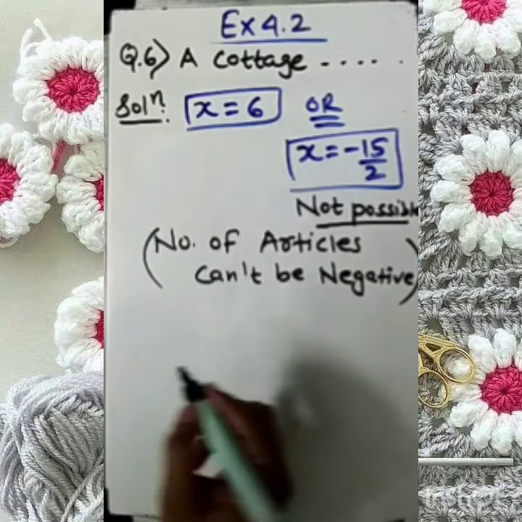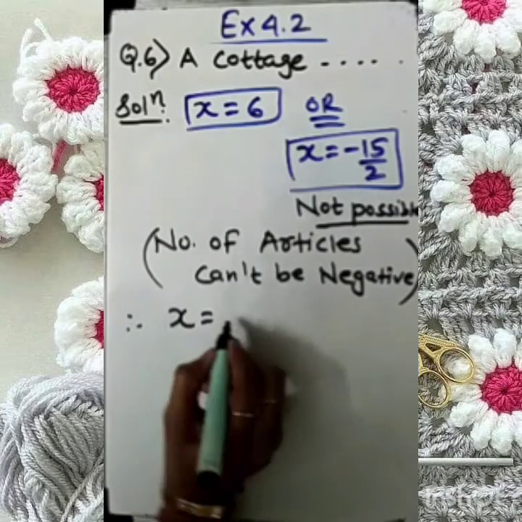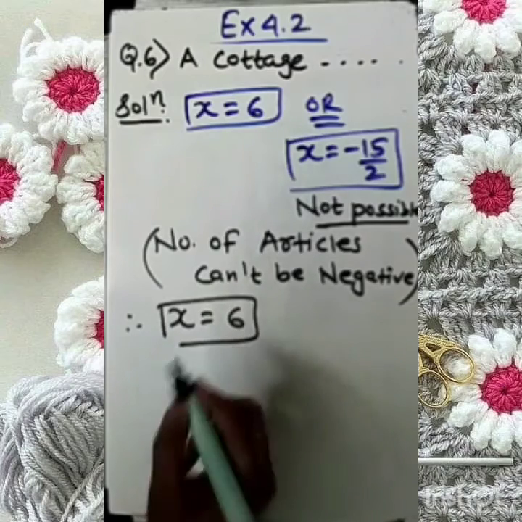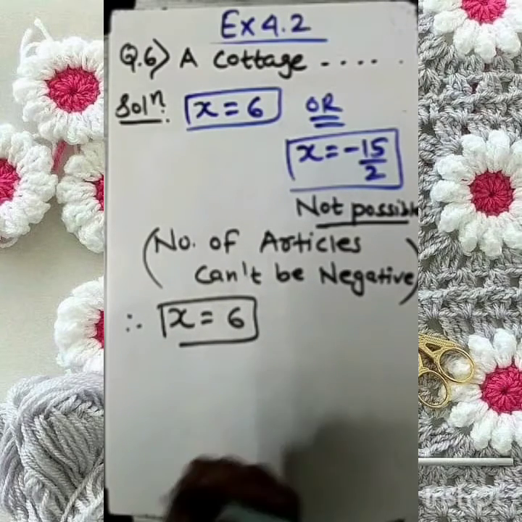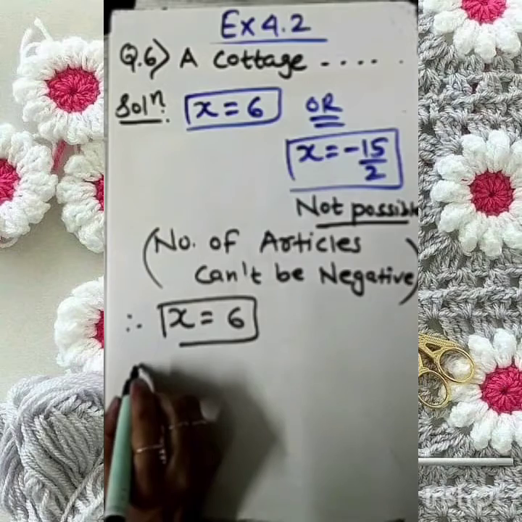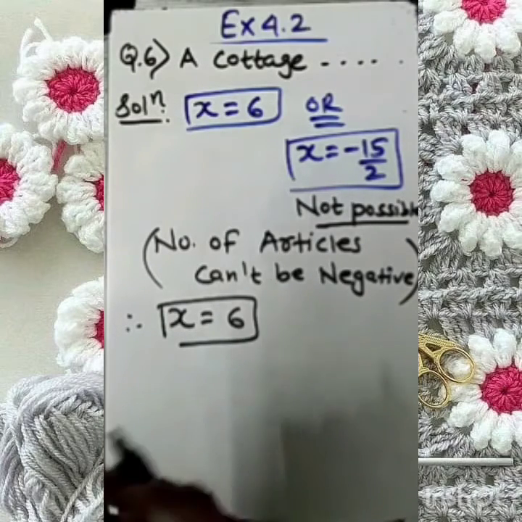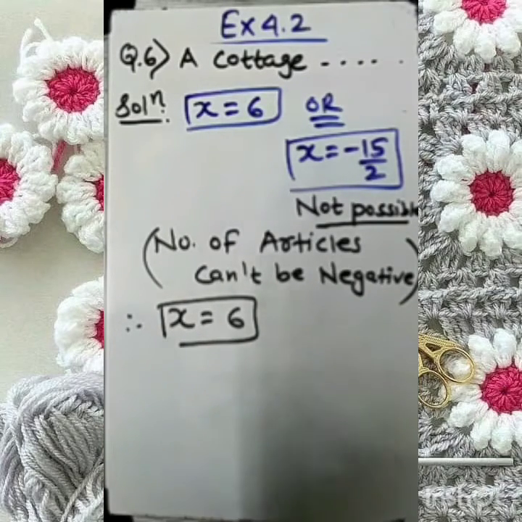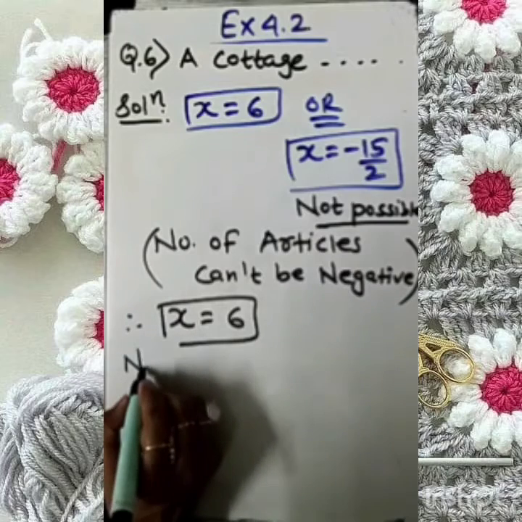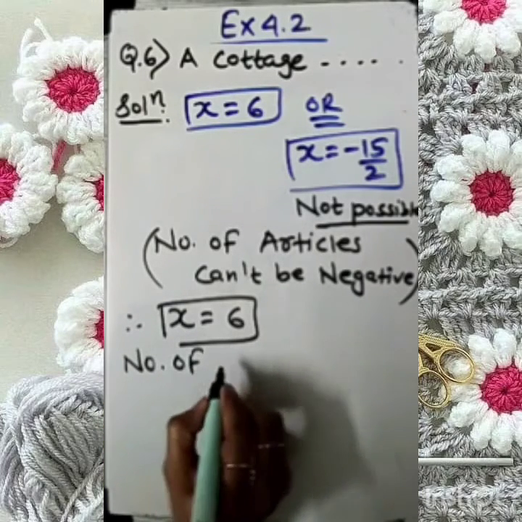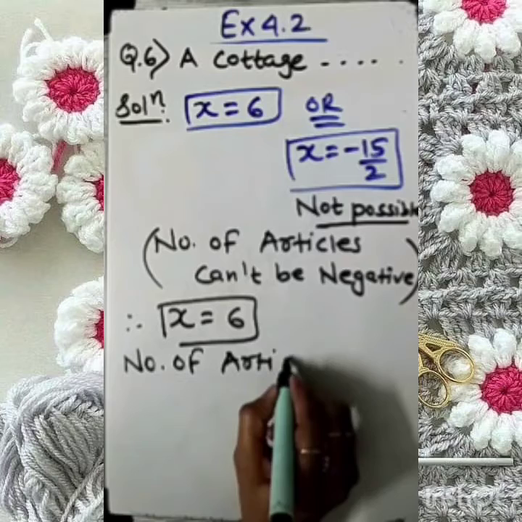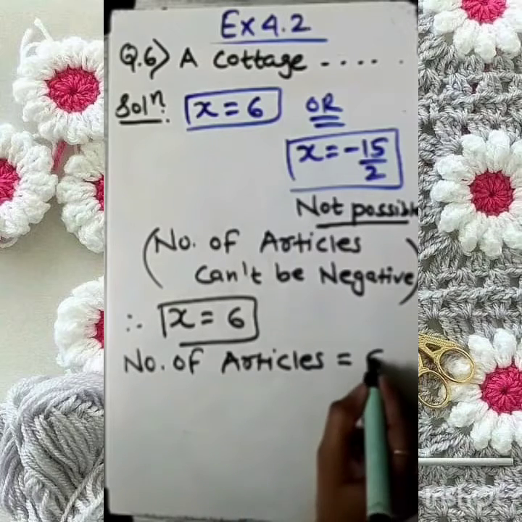Got it? So finally x equal to 6. They are asking for the number of articles and the cost of each article, so the number of articles is equal to 6.